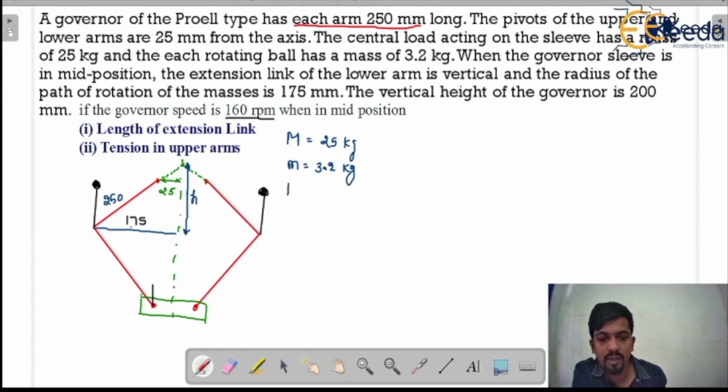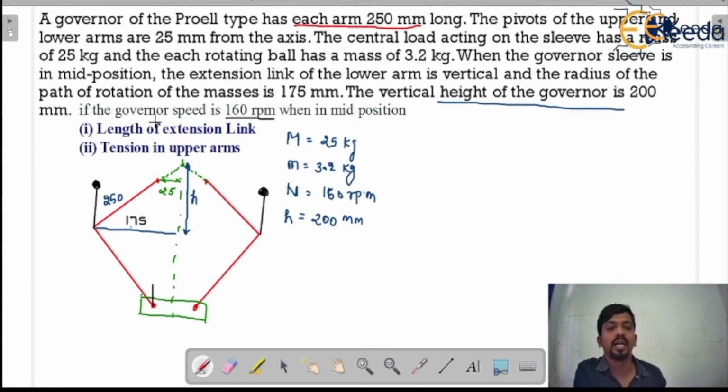And we have to calculate the extension of the lower link length. Another thing which is given is that the vertical height h of the governor is 200 mm. Now we have to find out the extension link length.